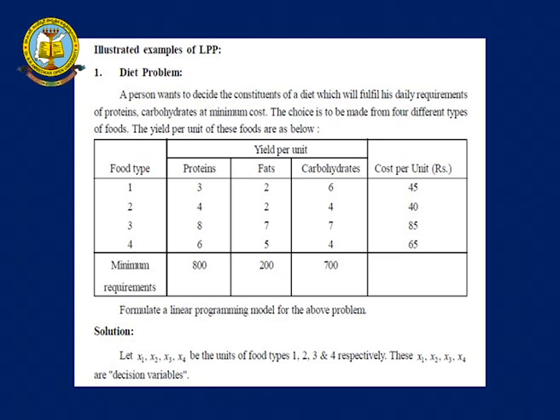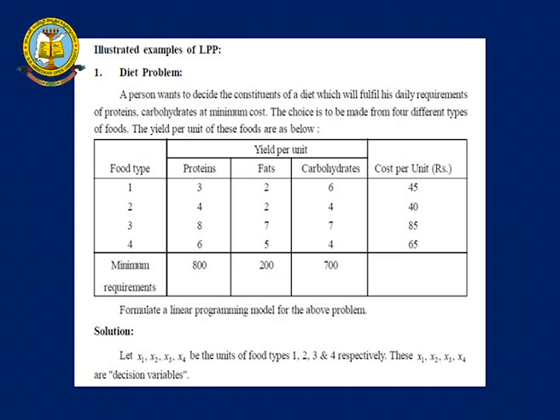See this table. In this, he is giving 4 types of foods, type 1, 2, 3, 4, and the yields per unit. On these 4 foods, he is giving the 3 nutrients, that is proteins, fats and carbohydrates, and the cost per unit is given in rupees. For the first type of food, proteins are 3 units, fats are 2 units, and carbohydrates are 6 units.